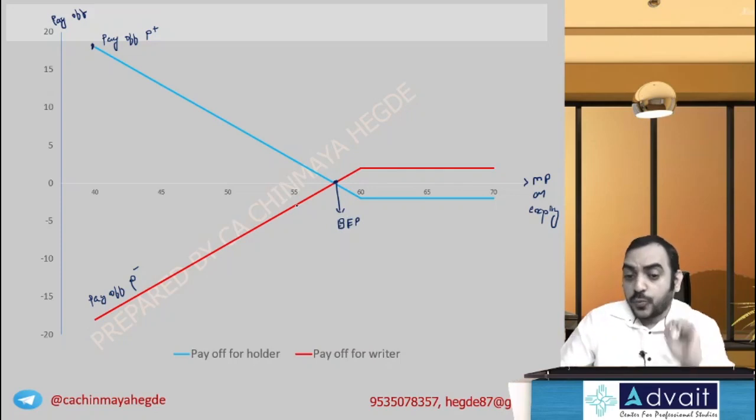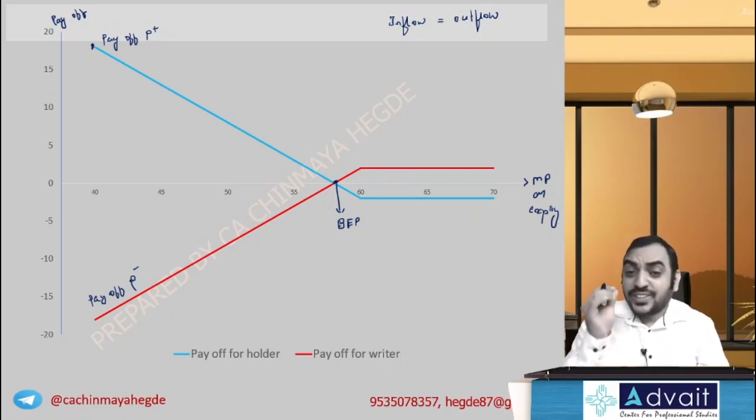Let's understand how. What is the formula for the simple calculation of the break-even point? I told you, inflow should be equal to outflow. Now, think from the put option holder's point of view: will the strike price be inflow or outflow?